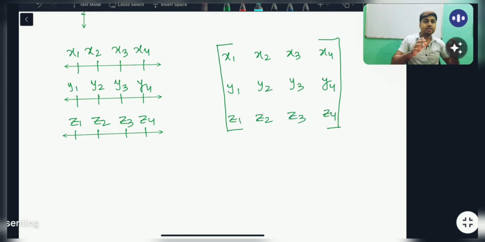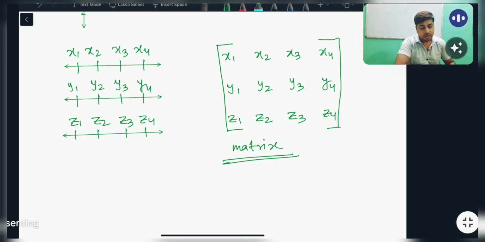The arrangement that is created, this arrangement is called a matrix arrangement. This pattern, a collection of data or numbers in a rectangular way, where some numbers are arranged in the form of some rows and columns, this format is called the matrix arrangement.